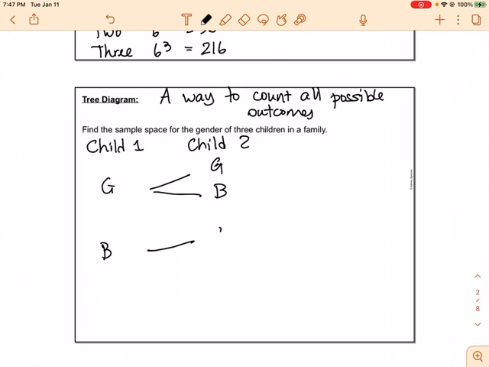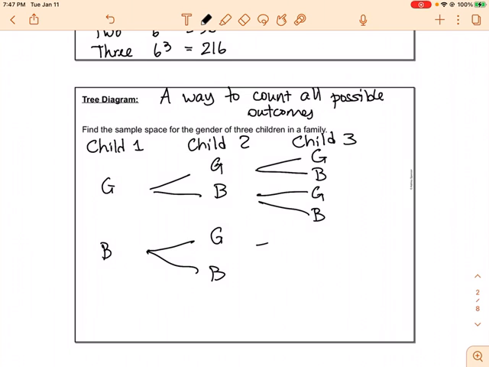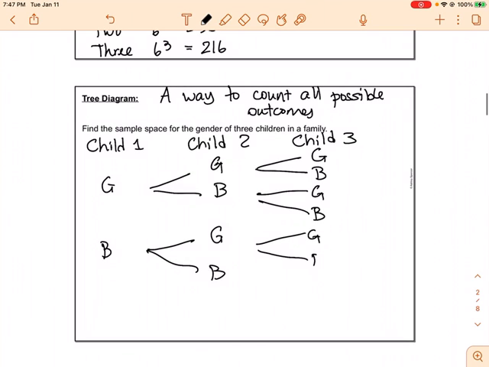First one a boy, the second one a girl, first one a boy, second one a boy. And then child 3, same thing. You could have girl, girl, girl, or girl, girl, boy. Girl, boy. So from the second child, you can always still have 2 possibilities.